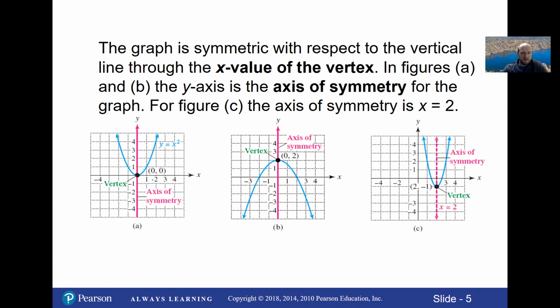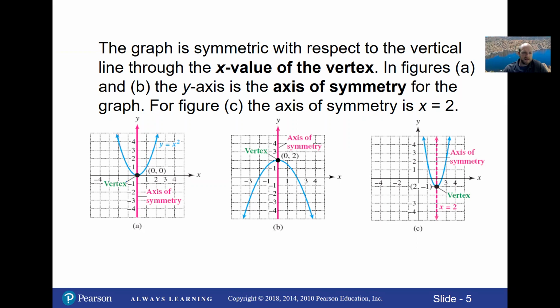There is a line, and we call that line the axis of symmetry, that splits this parabola into two equal parts. So it cuts it in half. The vertex is always kind of in the middle. It's either the highest point or the lowest point based on whether it opens up or down. And the axis of symmetry always goes through the vertex.